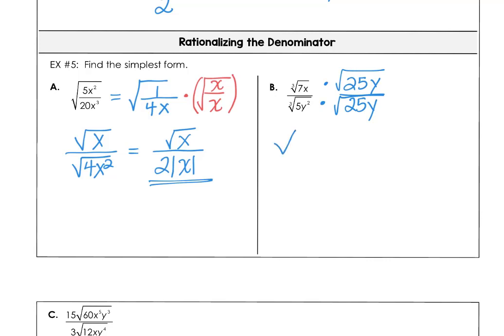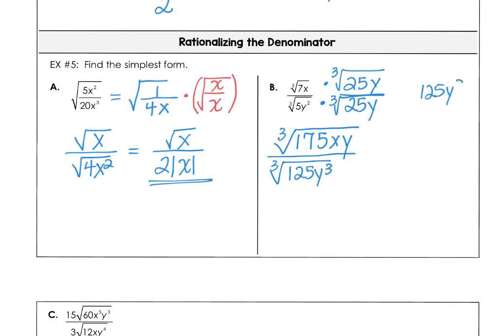That needs to be the cube root. So we've got the cube root of 25 times 7, that's 175xy under the cube root. And in the bottom, we've got the cube root of 125y cubed. 125y cubed can be thought of as 5y quantity cubed.